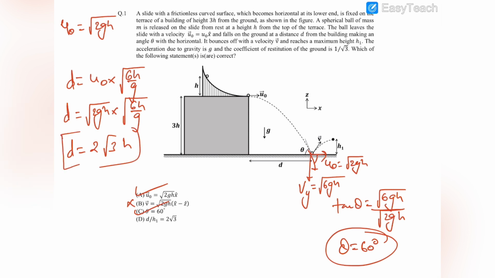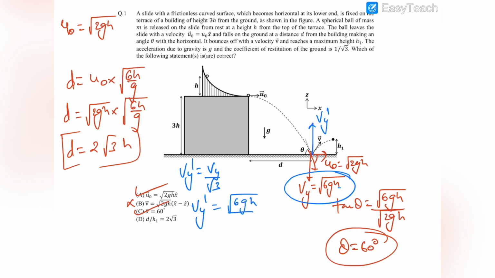Now we know that after collision with the ground, when the ball rebounds, its velocity in the y direction would be vy dash, and vy dash would be vy into e, where e is 1 by root 3. So vy is this one, root 6gh, so vy dash will be root 6gh divided by root 3, which is root 2gh.